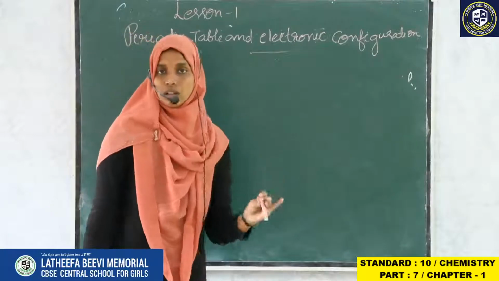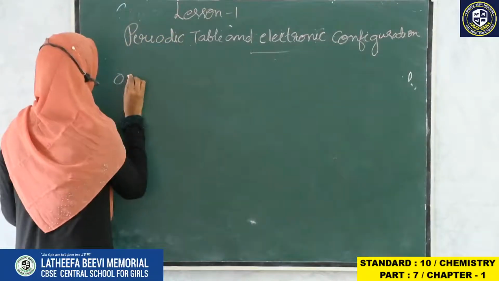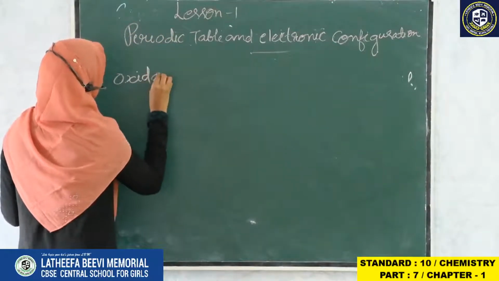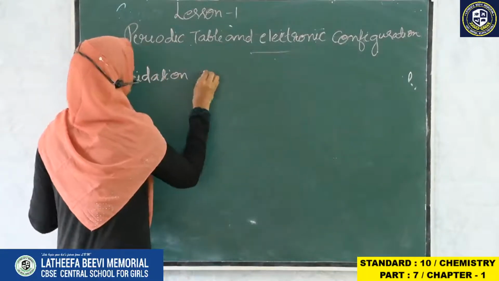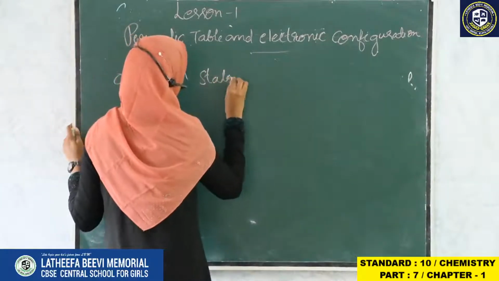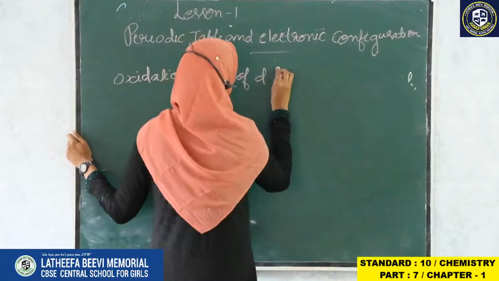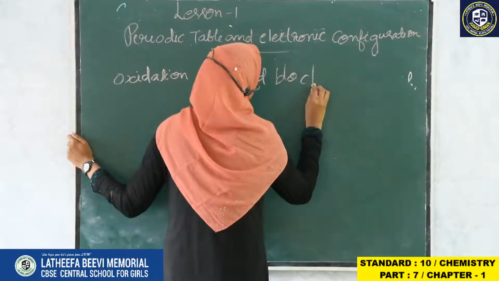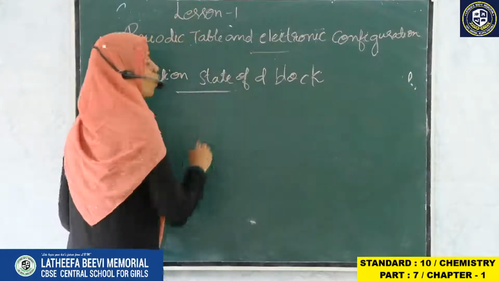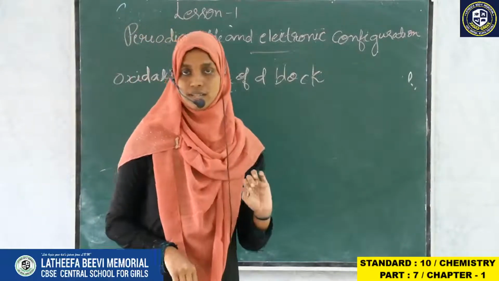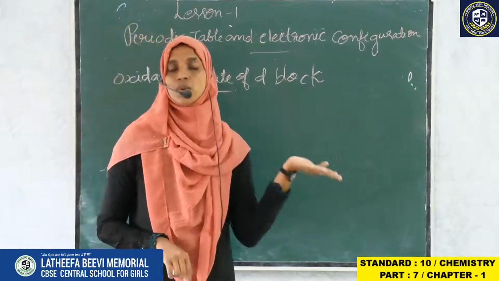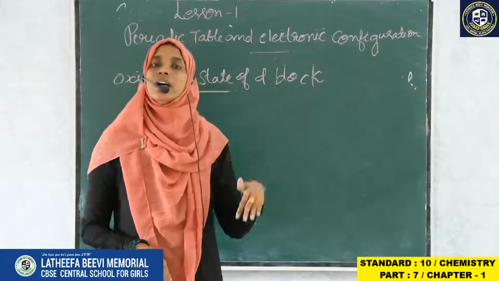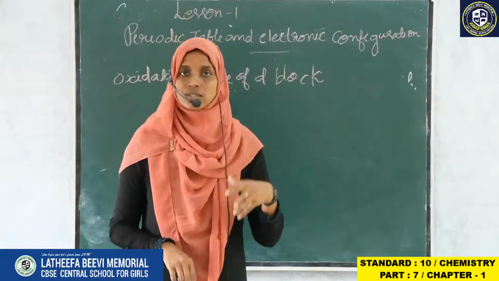It is the oxidation state of D block elements. The D block shows different oxidation states compared to other groups. Compared to S block and P block, the D block shows different oxidation states.